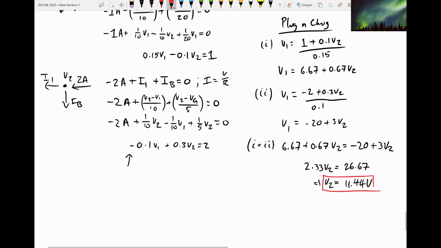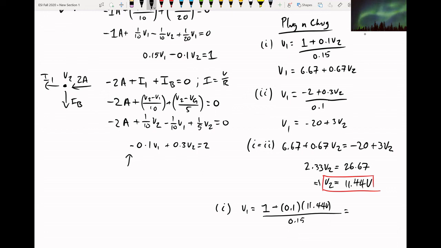If we take that value and plug it into the first equation, we can just do V of 1 is equal to 1 plus 0.1 times 11.44 volts over 0.15.